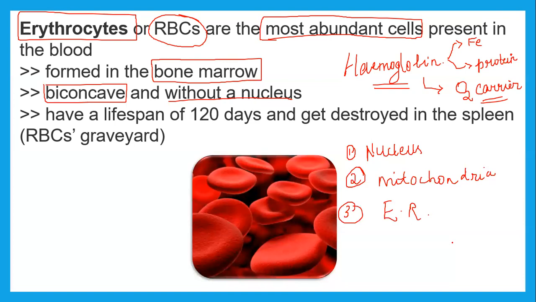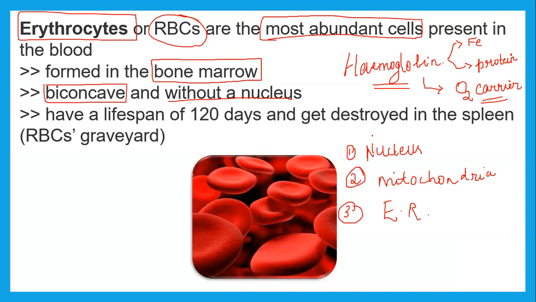Endoplasmic reticulum provides a structural support, a structural framework to the cell. So if endoplasmic reticulum is absent, they can squeeze through the minute capillaries, and that is why RBCs reach even the toe. From brain till toe, all the organs, even the minute sites, are receiving oxygenated blood.